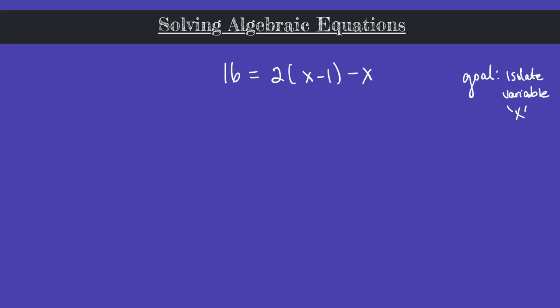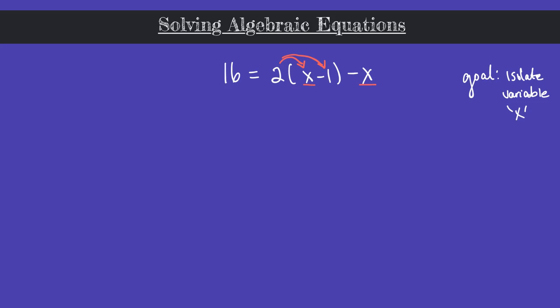So in this case, if you look very carefully, we have 2x in our equation. So what I'm going to do is work with the x that is in parentheses first. Now, in order to do that, I have to distribute the 2 using the multiplication operation to both items within parentheses.